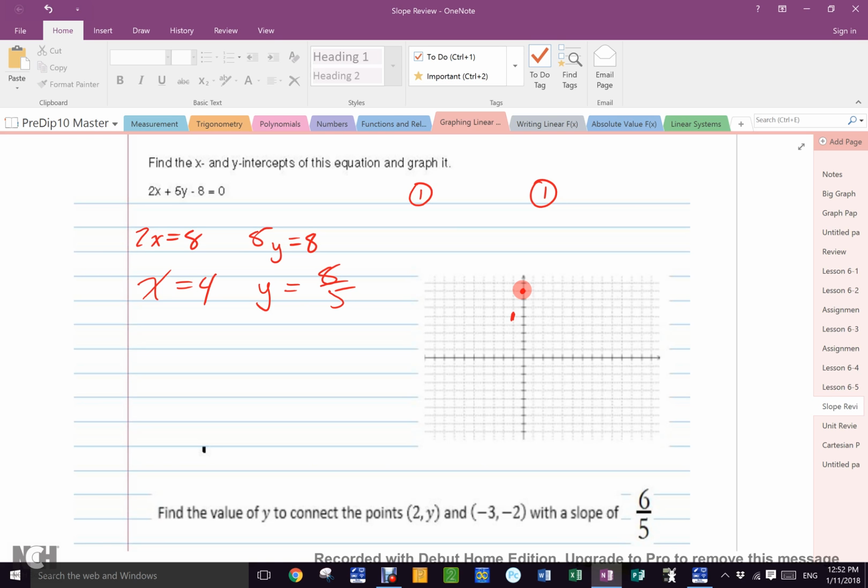Can I go 1, 2, 3, 4, keep the same scale on the x-axis? Why not? I would need to go all the way over 32 spaces, wouldn't I? I lie, not 32, 20 spaces.